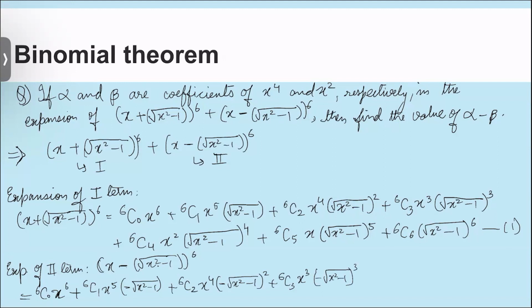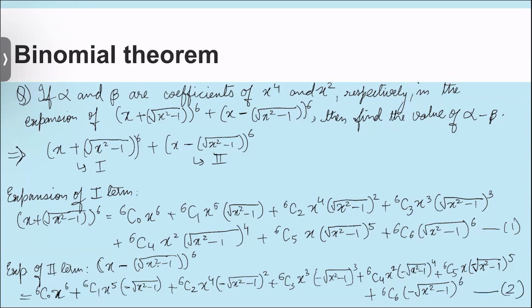Okay. Then you will have plus 6c4 x squared times minus root of x squared minus 1 the whole raised to 4, and then plus 6c5 x times minus root of x squared minus 1 raised to 5, and the last one will be plus 6c6 minus root of x squared minus 1 raised to 6. Okay, and this will be your second statement.